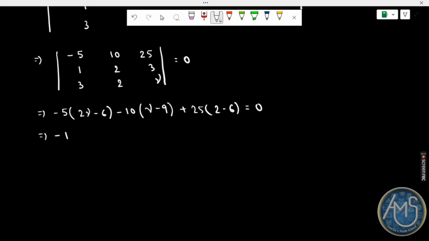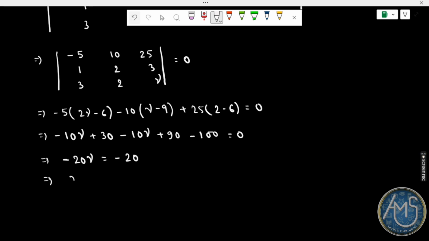This implies -10 gamma plus 30, -10 gamma plus 90, minus 100 equals 0. So this implies -20 gamma equals -20, and so gamma equals 1. So we get the first value: gamma equals 1.